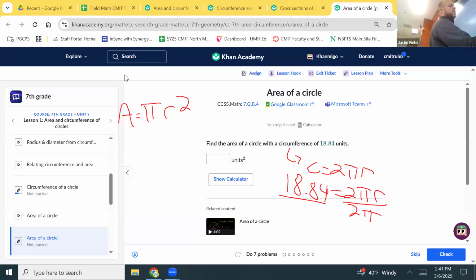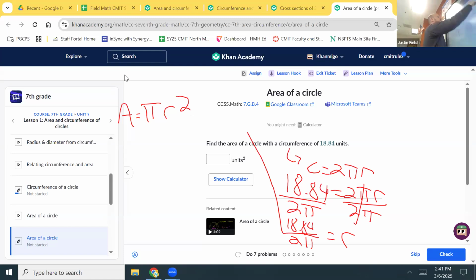I am going to be exact and leave that pi symbol in there. So the radius is exactly 18.84 divided by 2 pi. So I'm going to take that number and substitute it in for r.